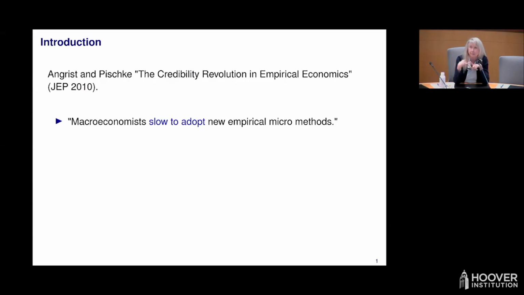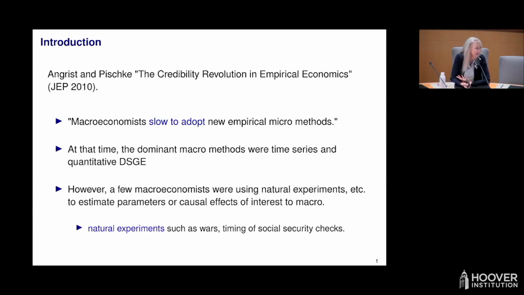However, they scolded the macroeconomists and the industrial organization economists for not adopting these techniques when these were clearly the right way to go. So they claimed that we were slow to adopt them. And indeed, at that time, the dominant macro methods were either time series, often structural VARs, or quantitative DSGE models. Those were the main things.